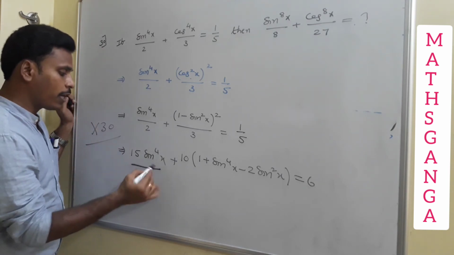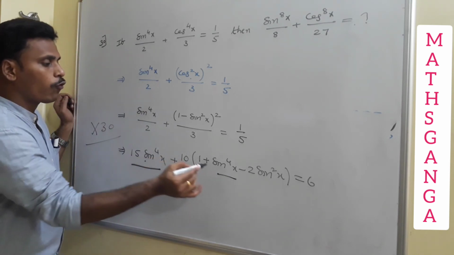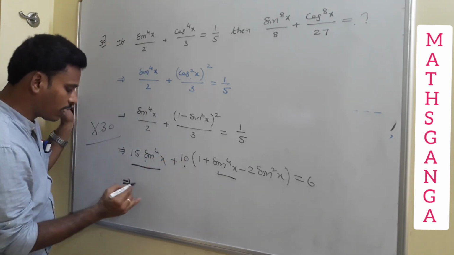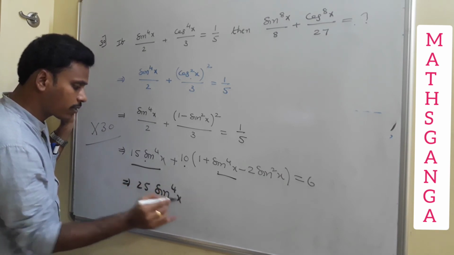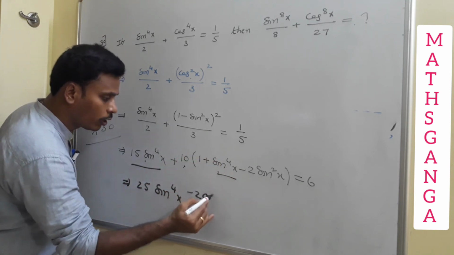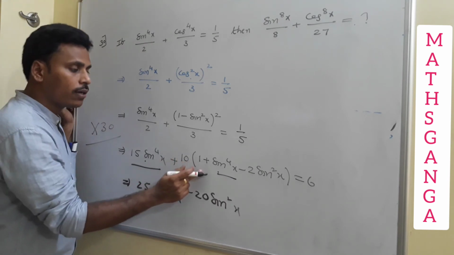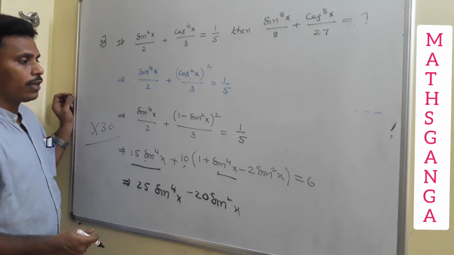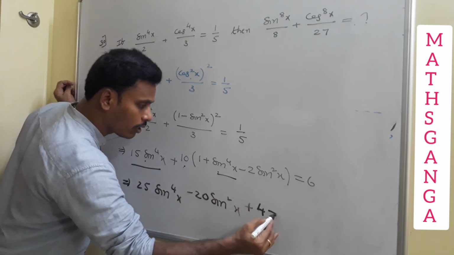This is 15 sin power 4x and 10 sin power 4x, which is nothing but 25 sin power 4x. And then 10 times 2 gives minus 20 sin square x. And then 10 into 1, that is 10, and the right side is 6, 30 by 5. And then if you send this to the left side, it becomes plus 4 equals 0.